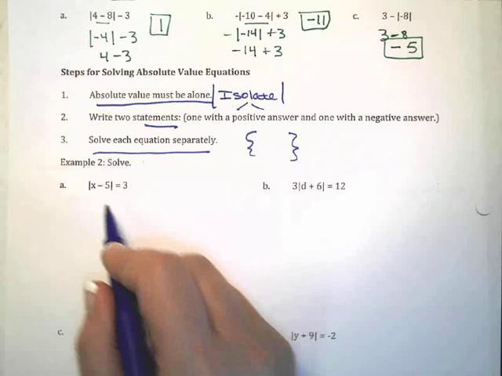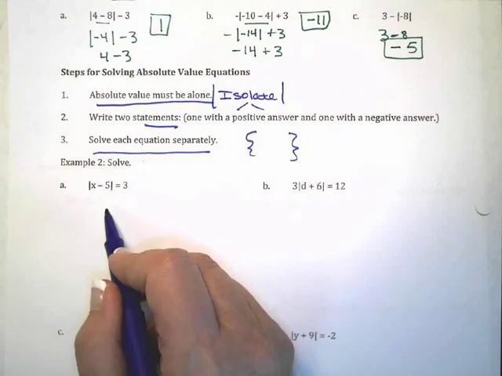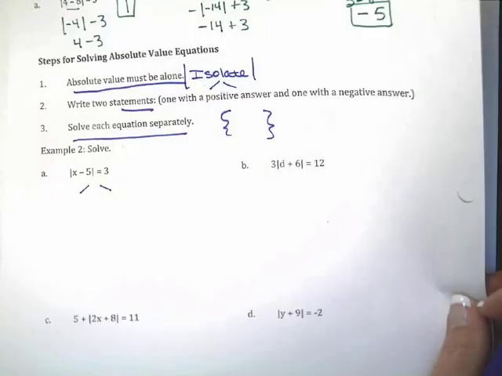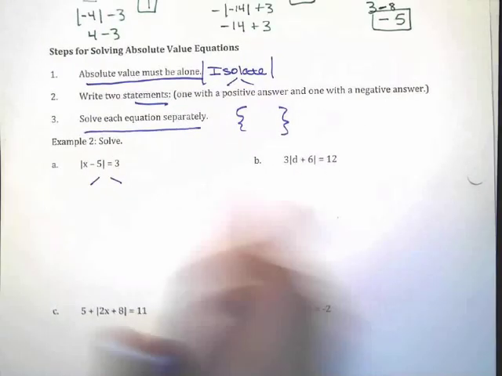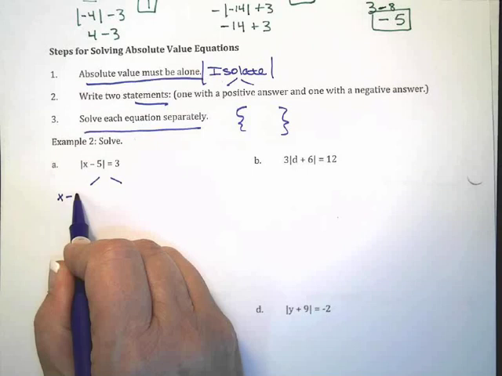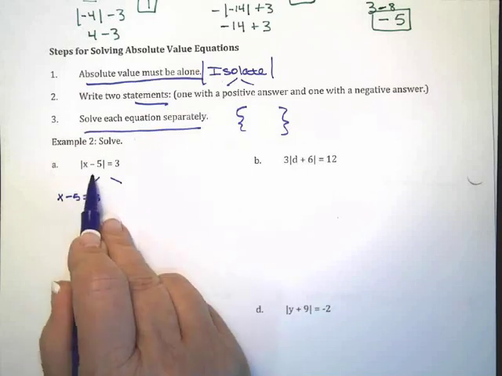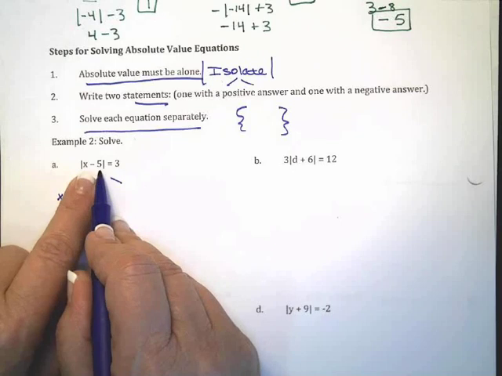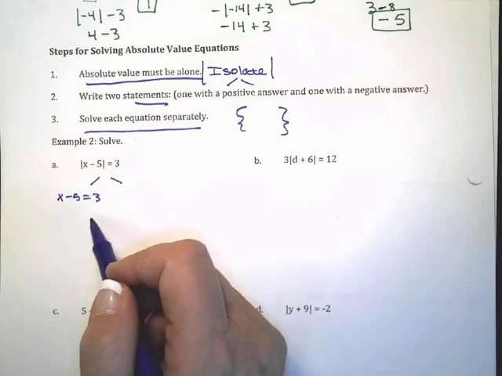So in example A, the absolute value is already isolated, so we can go to the second step, which is to write our two statements, or our two equations. We have x minus 5 equals 3. Notice I'm not changing that minus 5 to a plus 5. The left side stays the same. The stuff inside the absolute value stays the same.